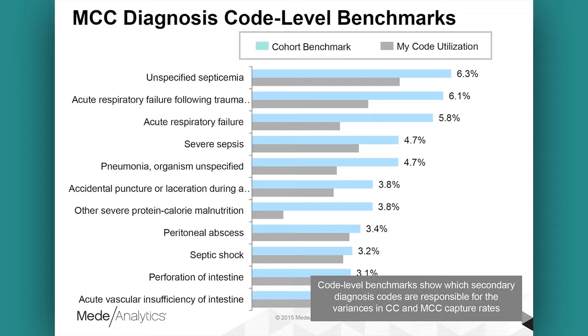This is getting down into those major complication and comorbidity secondary diagnosis codes for that same DRG to show, for example, that other hospitals in this cohort in the Southeast for DRG group 329 through 331 are capturing acute respiratory failure 5.8% of the time. But my organization only does it 3% of the time.